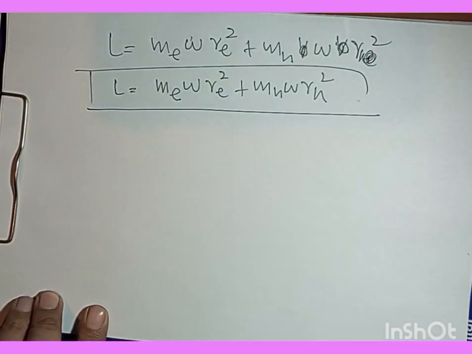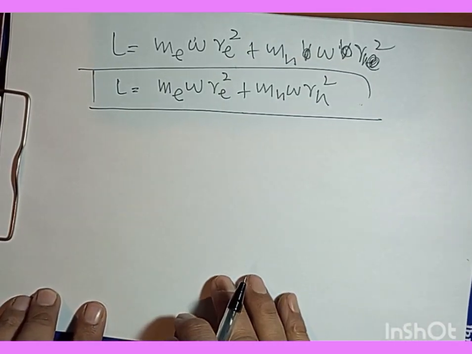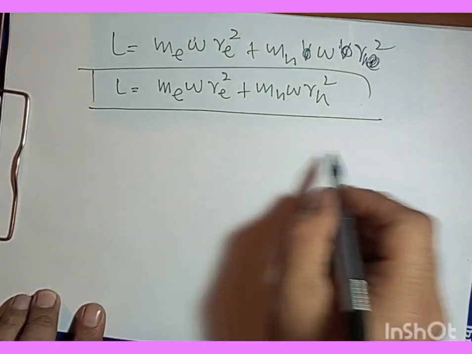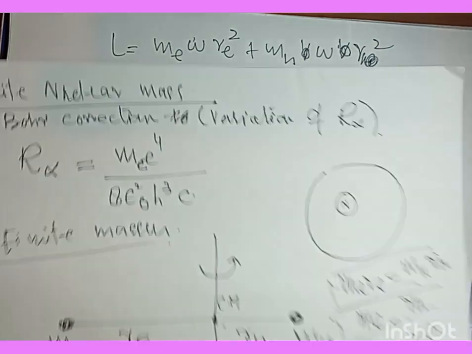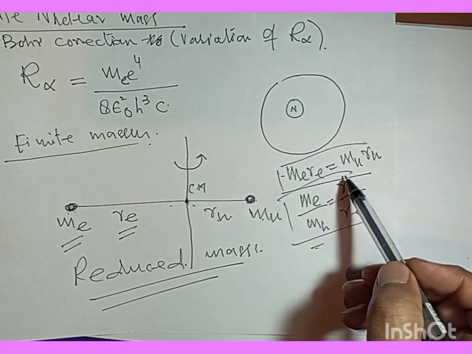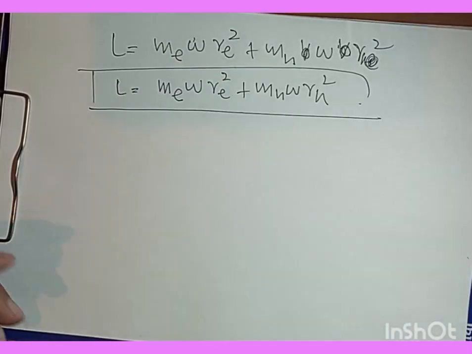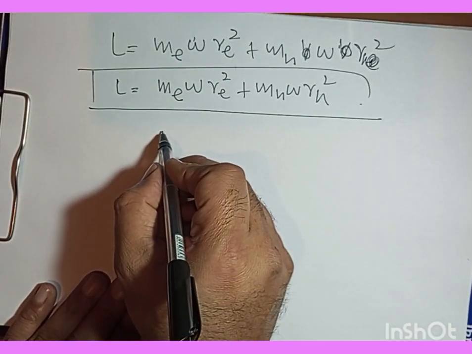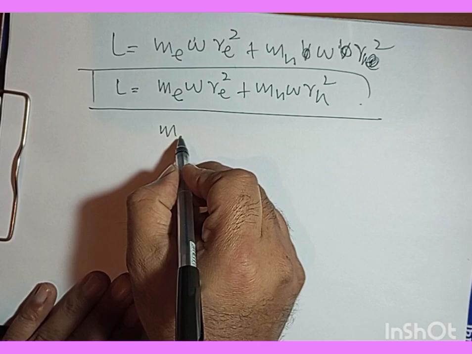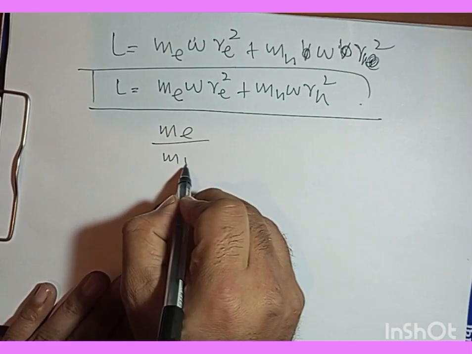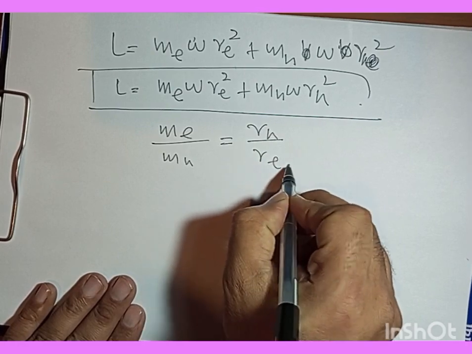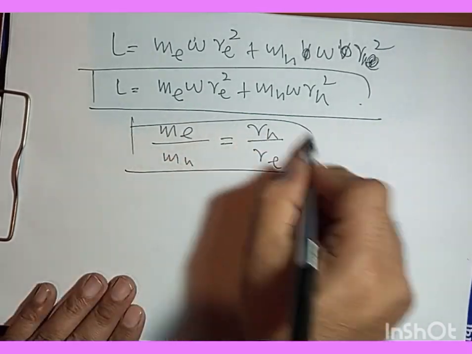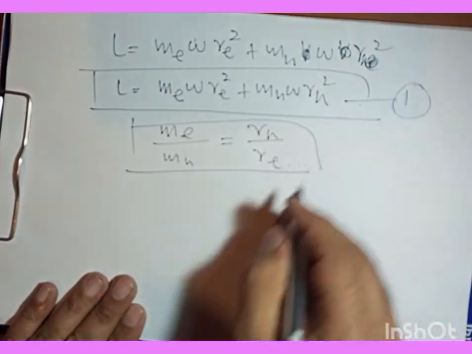All right. Now let me try to develop a case here. As I have already written down that equation, where I showed that MeRe is equal to MnRn, if I write down this equation here, I will write Me by Mn is Rn by Re. Now I'll call this equation 1.